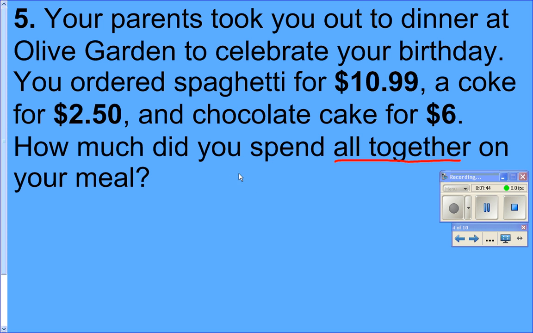Okay, all together tells us that you are going to add. Remember, when you are adding decimals, you line up the decimals. So you have $10.99 plus $2.50 plus $6. Remember, you line up the decimals, and if you don't see a decimal in the number, it goes at the end. You can add 2 zeros as placeholders.